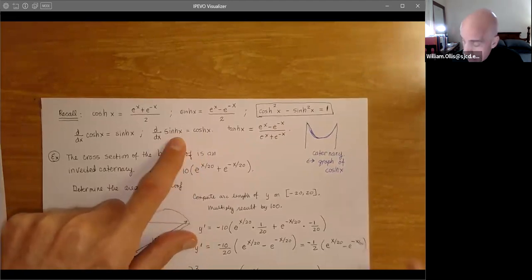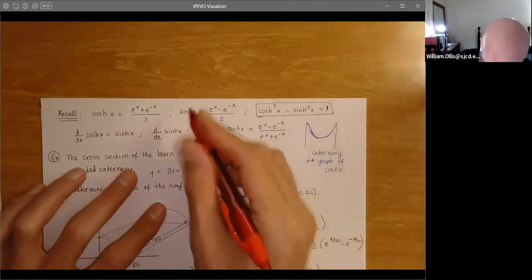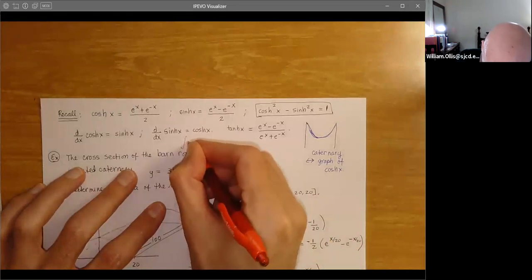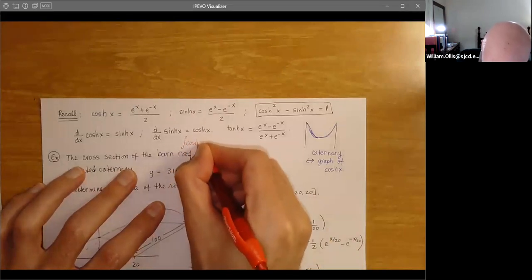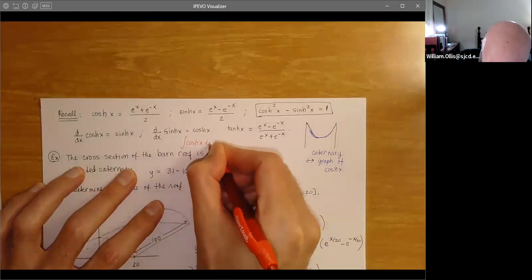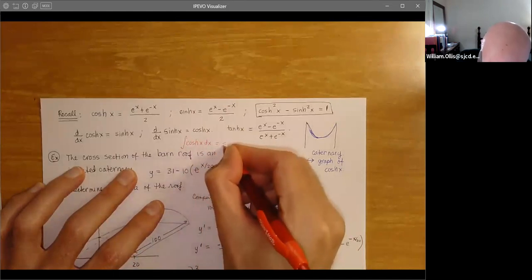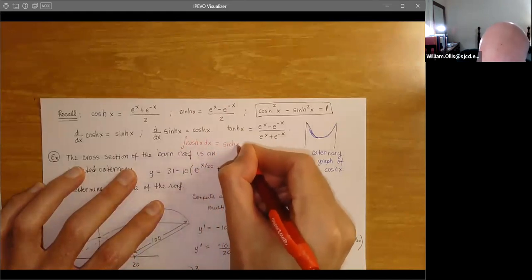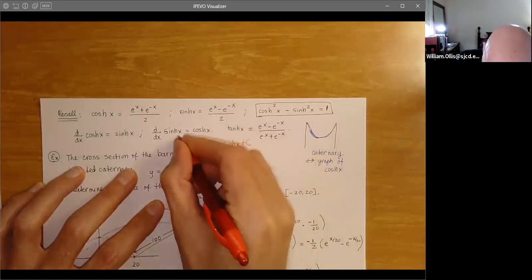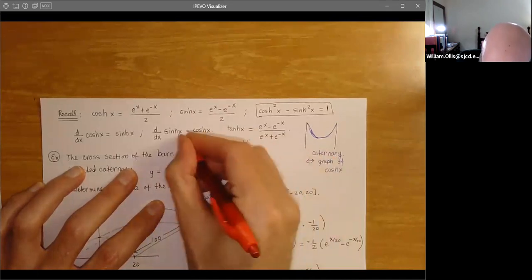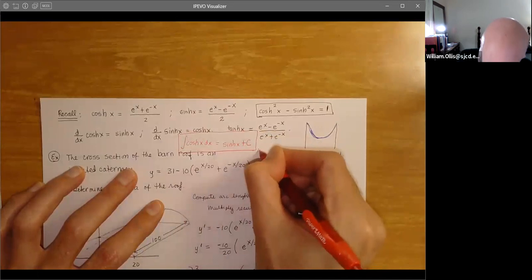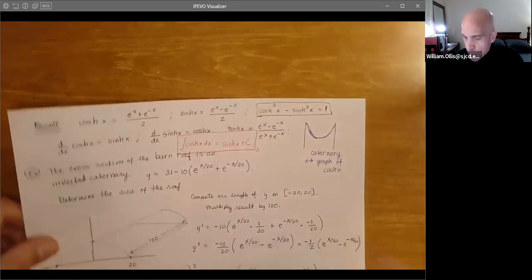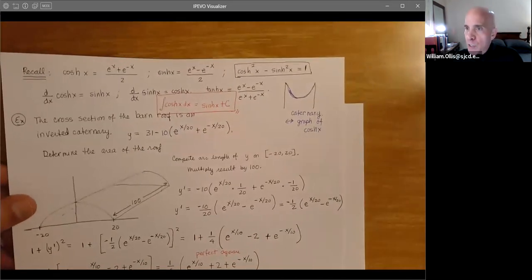So if you want to write in your notes, this implies that the integral of the hyperbolic cosine is the hyperbolic sine. So that just simplifies things a little bit. There's a whole lot of stuff going on here, not overly complicated, but just kind of like, okay, hyperbolic functions, here's how we work with them.